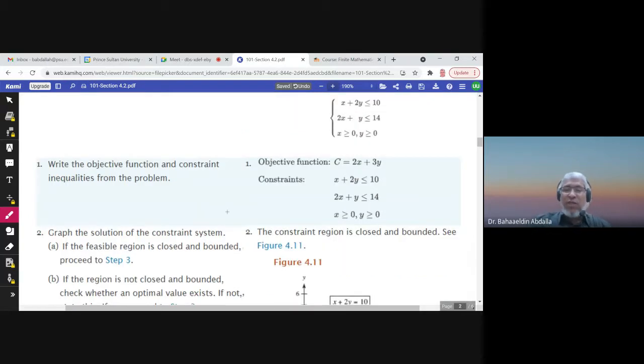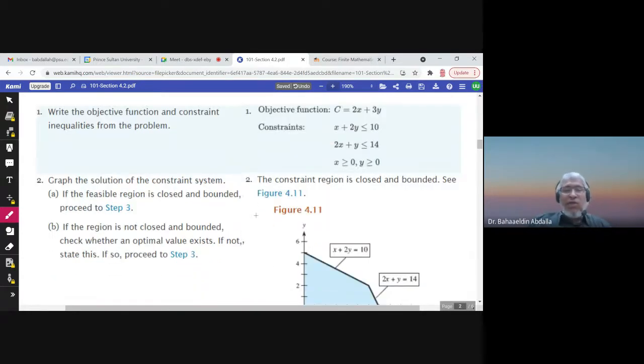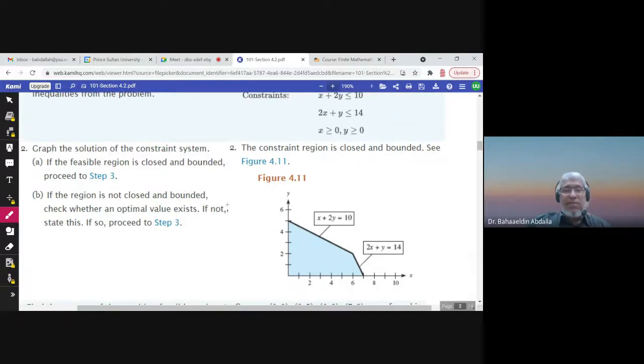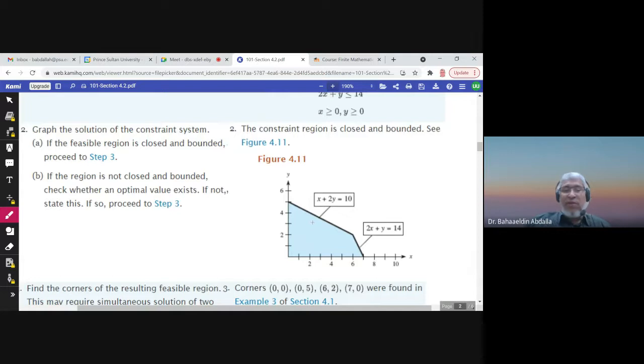We first write the objective function and the constraints, and then we graph the feasible region. We graph the solution of the constraint system. So this is, for example, the feasible region.